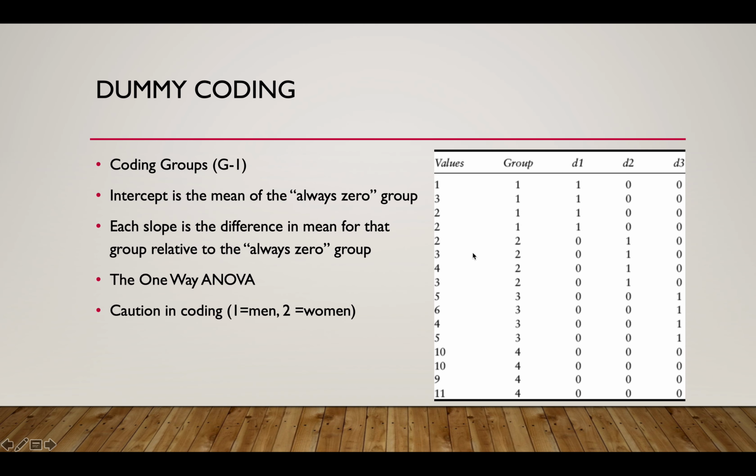Just looking at these values, you can guess that the intercept is going to be the mean of this group, and in this case it's 40. Then each one of these slopes, for D1, D2, and D3, will be some sort of negative coefficient. In this case, I can see 5, 4, 6, 5.